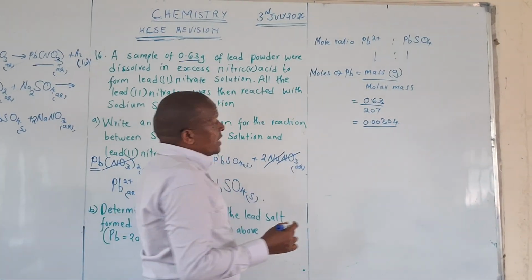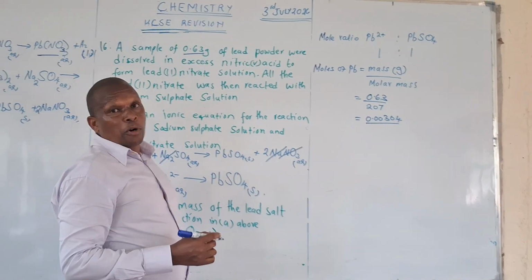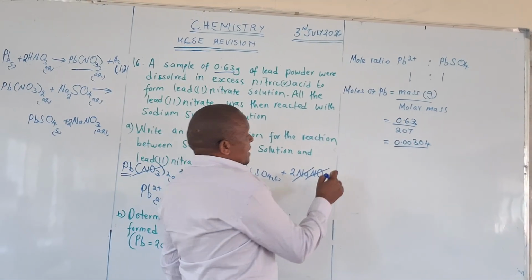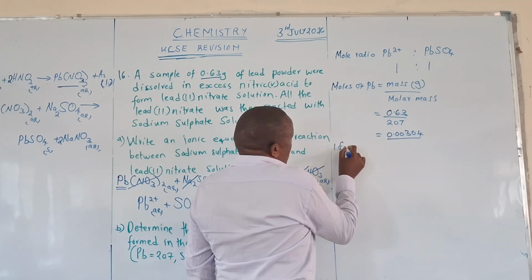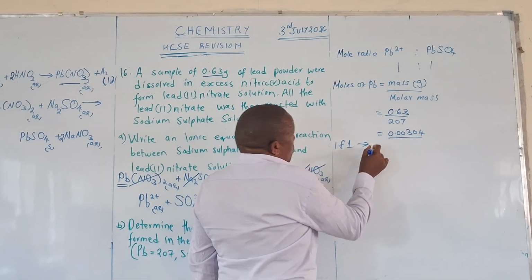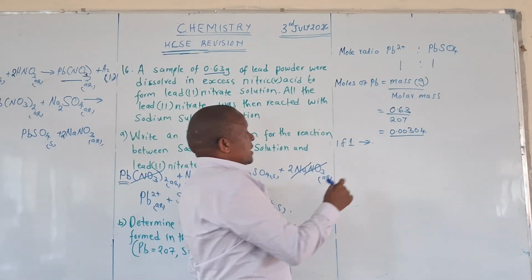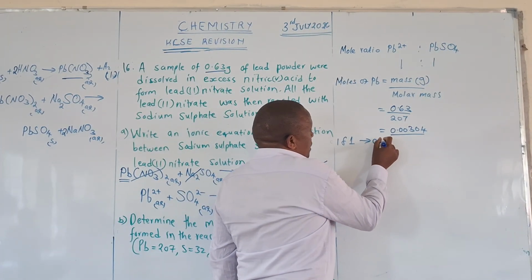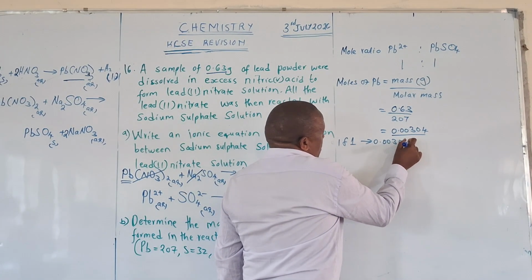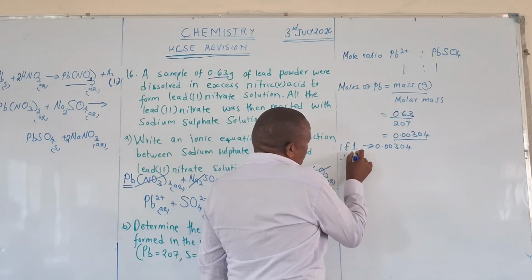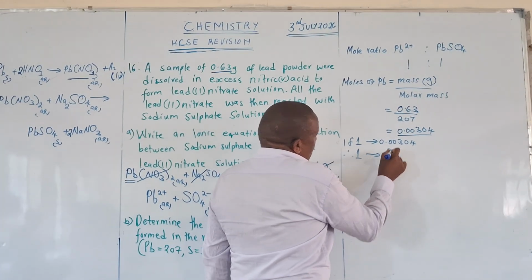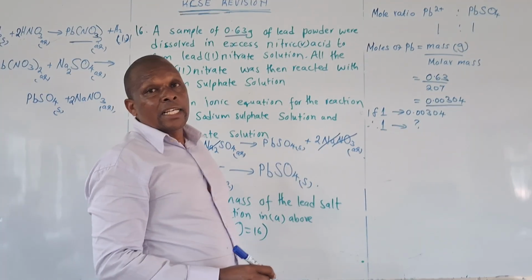What about moles of lead sulfate? We'll use the mole ratio. We'll come and see if 1, which is 1 for lead ions, is the same as 0.00304 moles. What about 1 for lead sulfate?